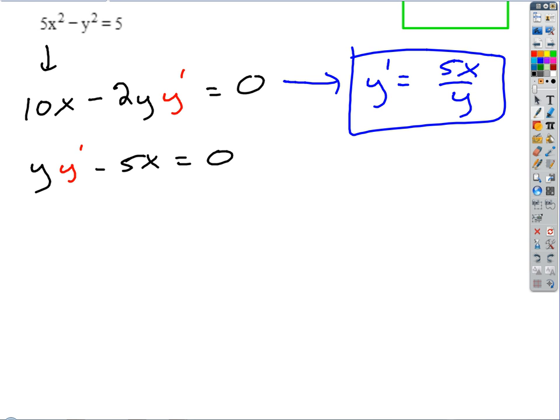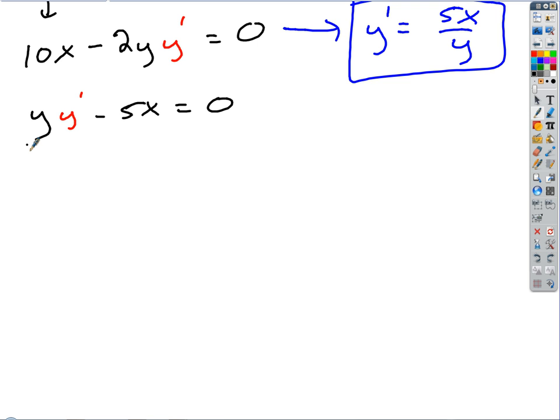If we differentiate again, I have a product rule for this first part. So what's that going to be? The first times the derivative of the second is y times the derivative of y prime, which is y double prime, our second derivative. Minus 5.